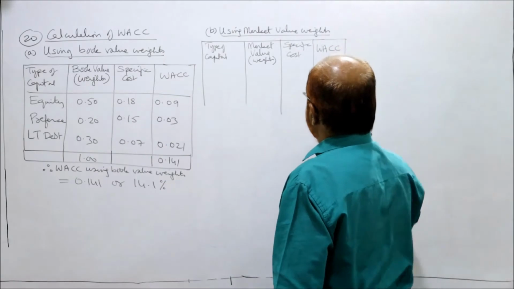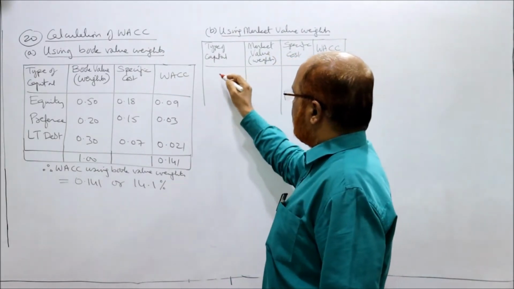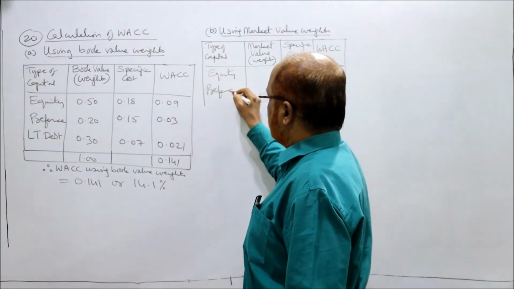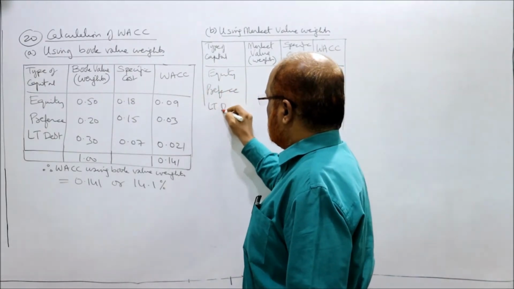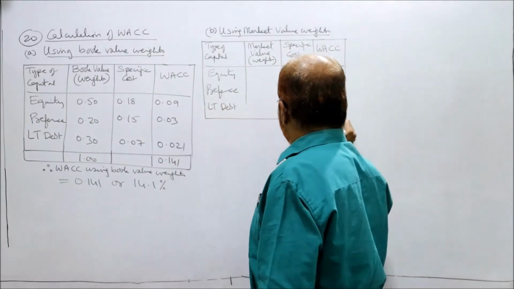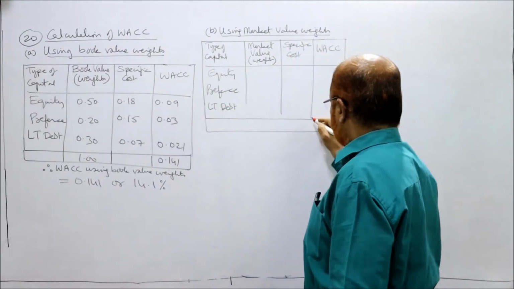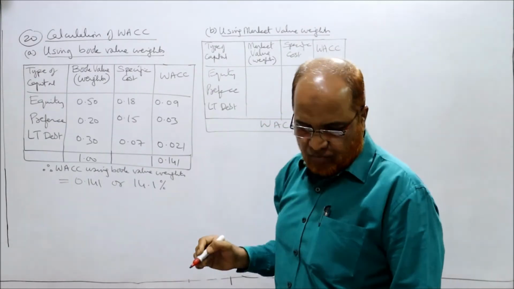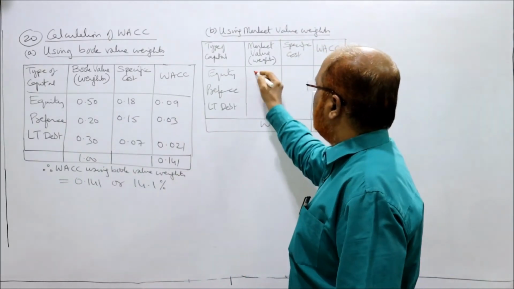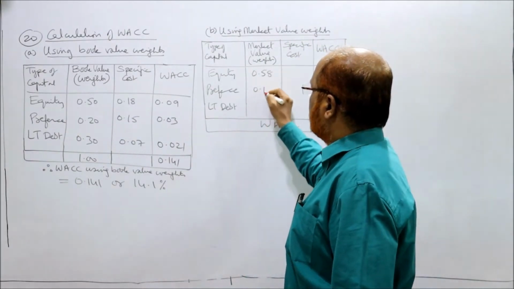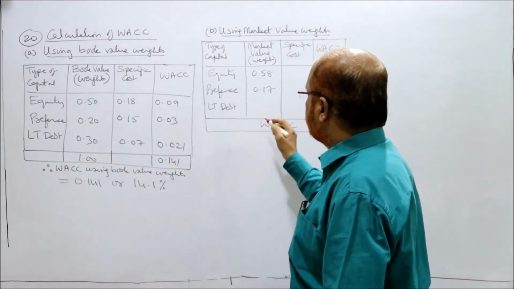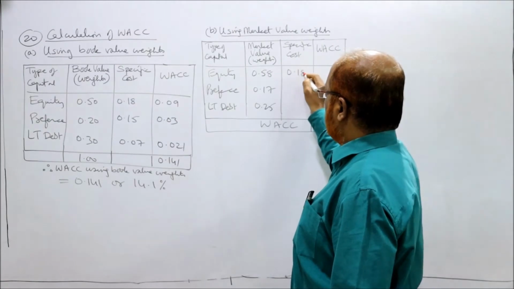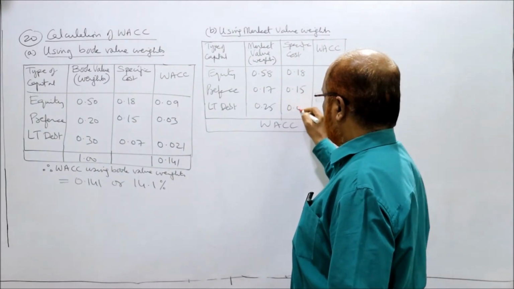WACC. Equity, preference, long-term debt. Weights are given in the problem: 0.58, 0.17, and last one 0.25. The specific costs are 0.18, 0.15, 0.07.